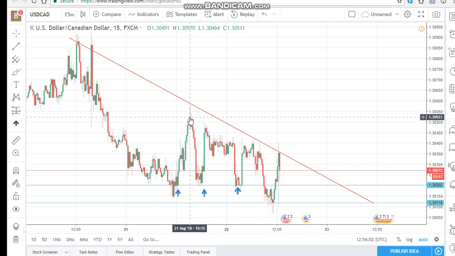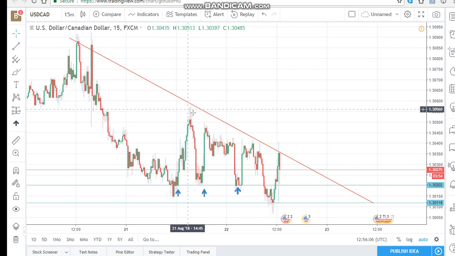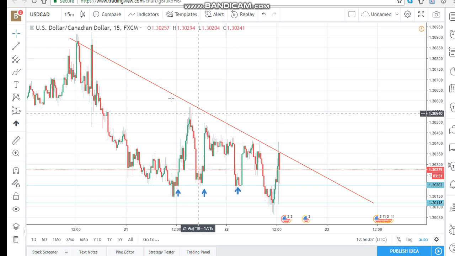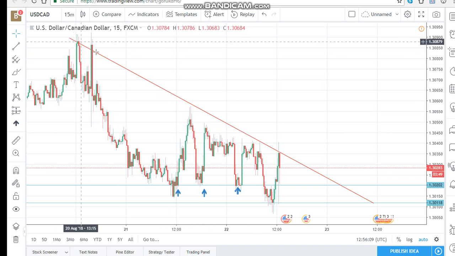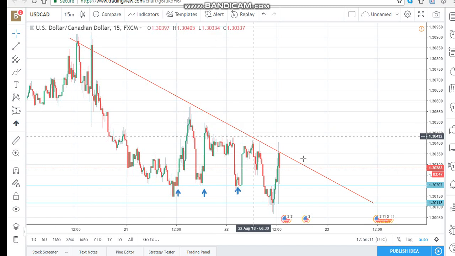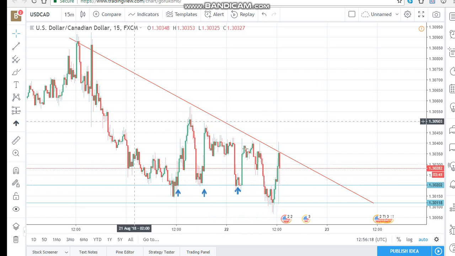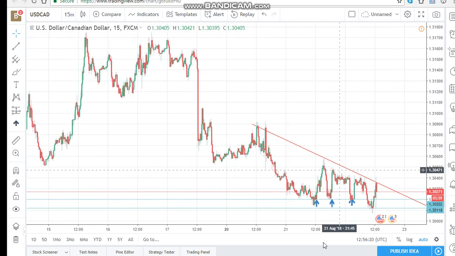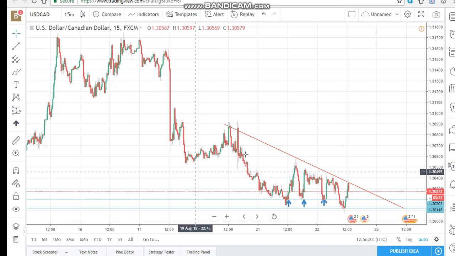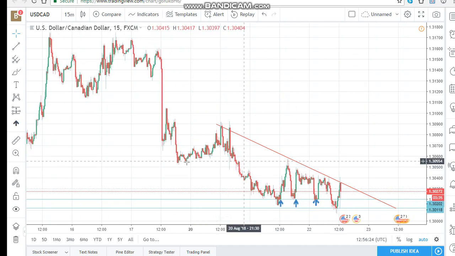The shadows, if you see the shadows, they went up, they only touch at the tip of the line, meaning that this line is respected. So this is actually a good place to sell. It's a very good place to sell.